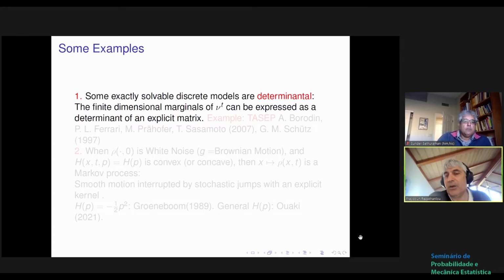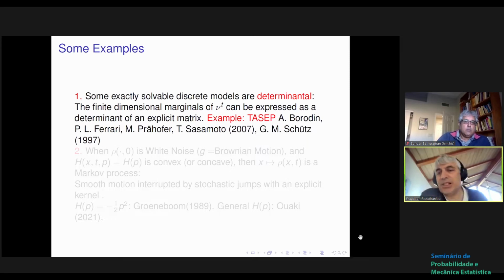And then when you evolve these measures according to the dynamics of those exactly solvable models, the kernel of this determinantal process will evolve with time, and you can derive an explicit formula for the evolution of those kernels.